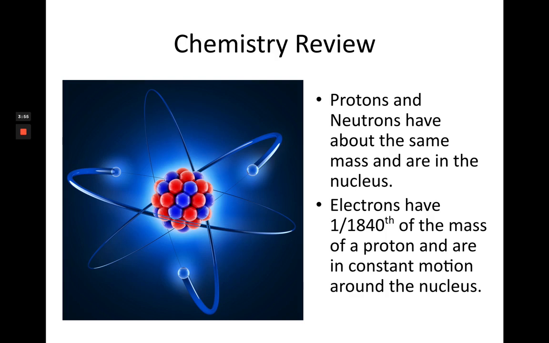Both the protons and the neutrons are found in the nucleus of the atom. Electrons are the third particle you need to be familiar with. Electrons also have a mass, but it's 1/1840th the mass of a proton, and they're in constant motion. When we're talking about the mass of an atom, we rarely worry about the mass of the electrons because they have almost none.